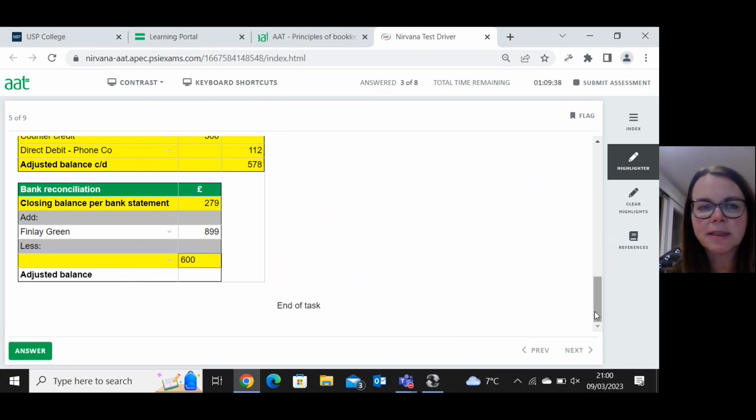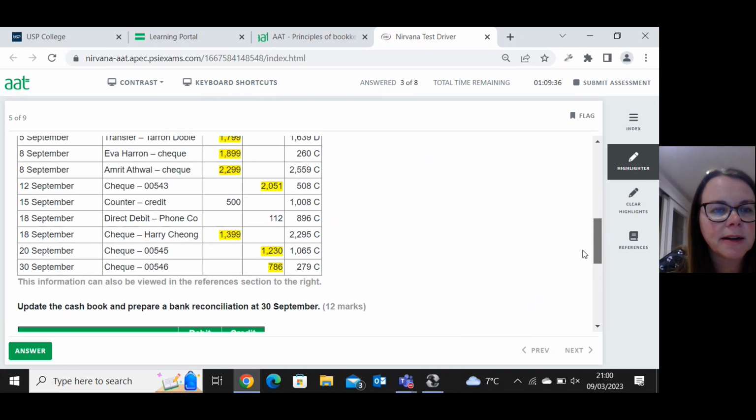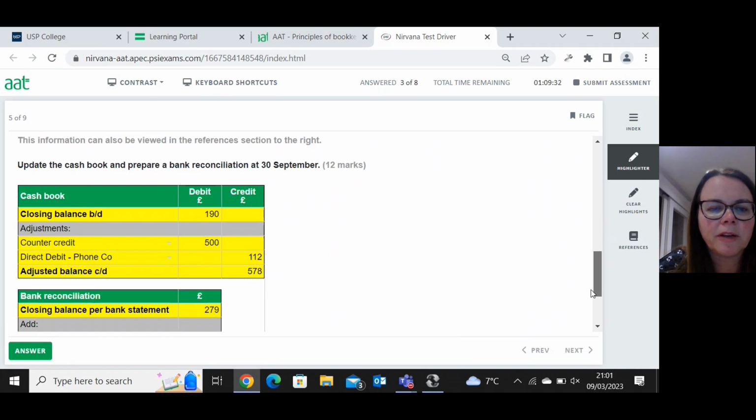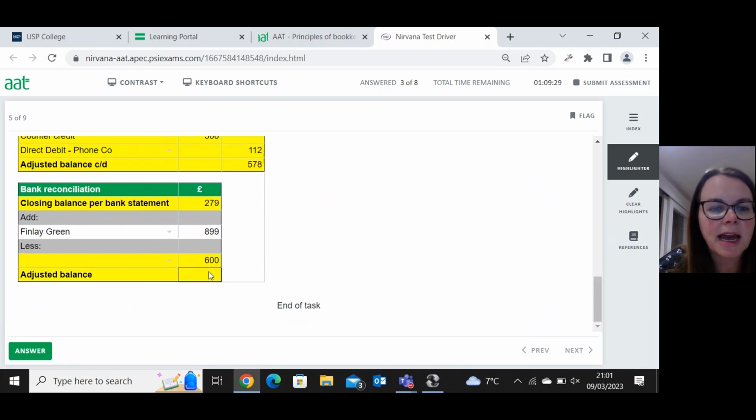It doesn't ask me to write pluses and minuses, I don't think. No, so we just need to know what to add and subtract. And the adjusted balance will be 578. We started with money in the bank, add 899, take away 600, gives us 578, which agrees to our adjusted cash book.